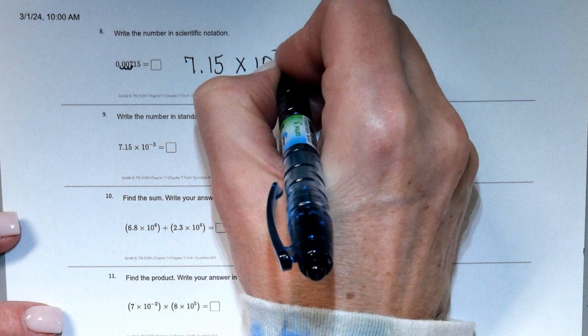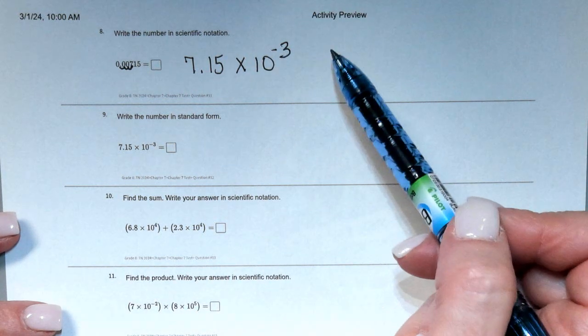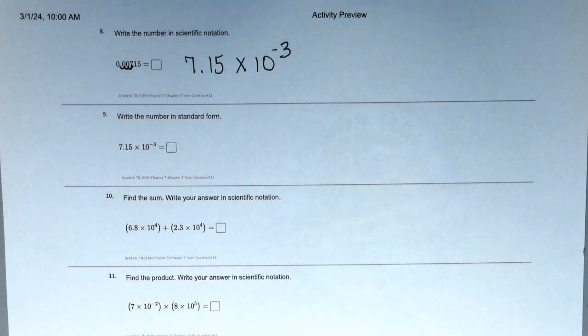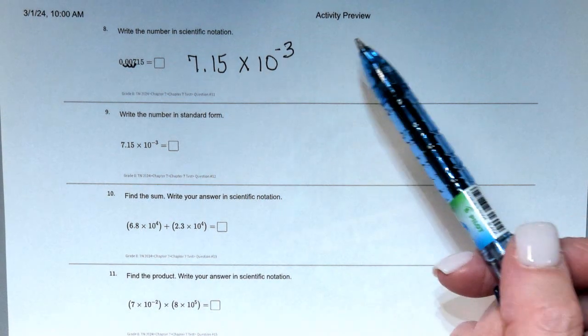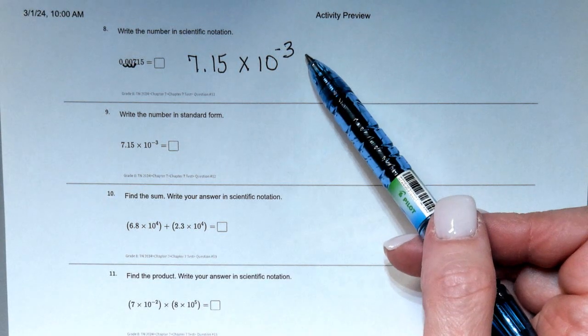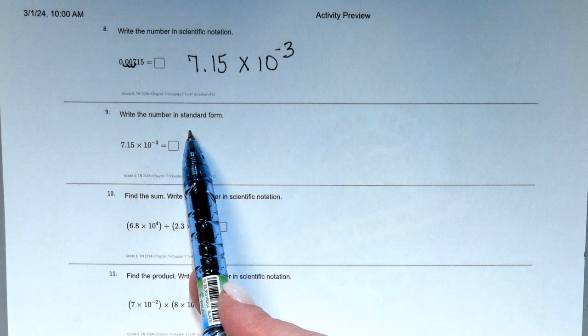So negative 3. Some of you missed that problem because you didn't put a negative on your 3, or you had the wrong exponent. You might have got your decimal in the right spot, but you didn't have the right number for the exponent. And then number 9 says write the number in standard form.